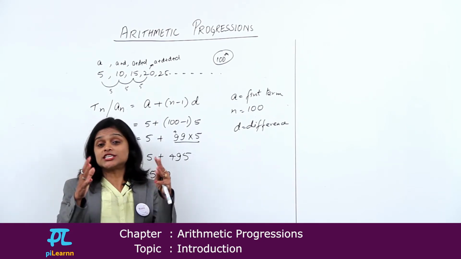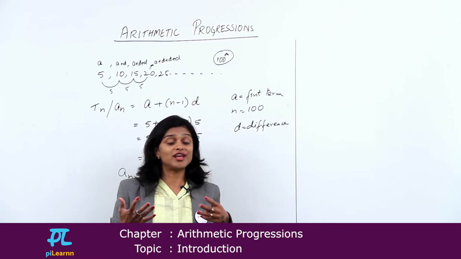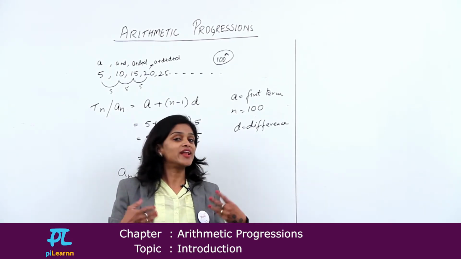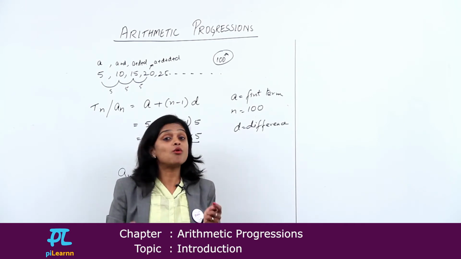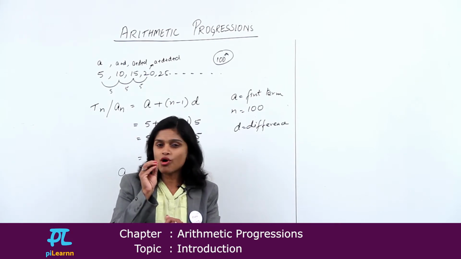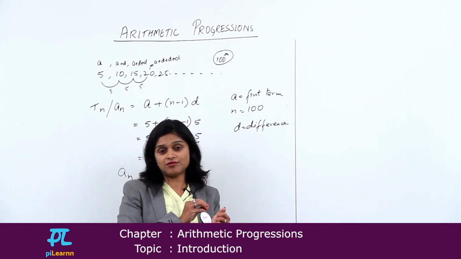You can tell it to him without even counting, right? So now we will find out how much money you have on the 100th day by using a small trick, a small formula which I give you now.